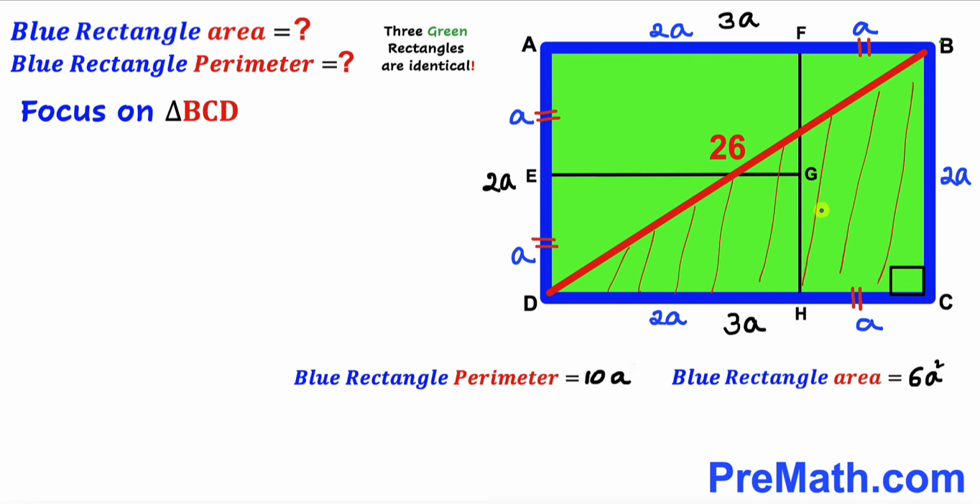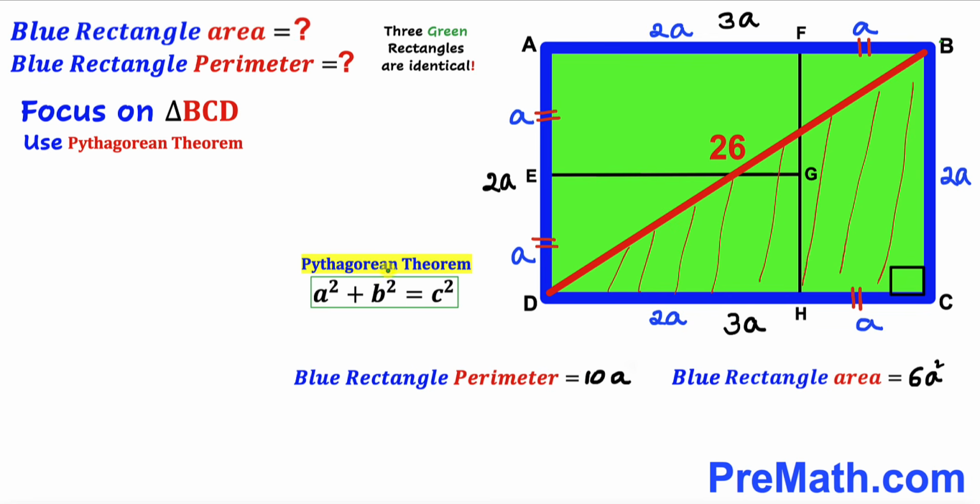Now we are going to focus on this right triangle BCD. And bear in mind that this angle is our 90 degrees angle, since we are dealing with this blue rectangle ABCD. Now we are going to apply the Pythagorean theorem on this triangle to solve for lowercase a. Here's our Pythagorean theorem: a square plus b square equal to c square.